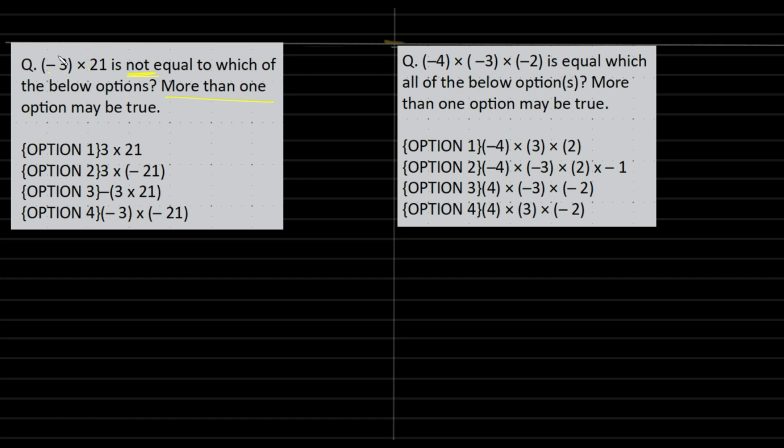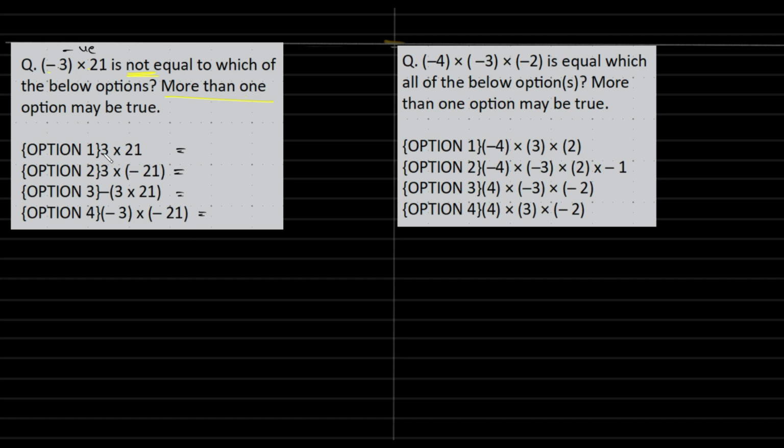So first thing is we can see 3 and 21 are there everywhere and everything is getting multiplied. So in terms of magnitude, in terms of number, they are the same. So we need not think about that. As I told you, I'm looking at the signs. The first thing is the question itself has a negative sign that we need to consider.